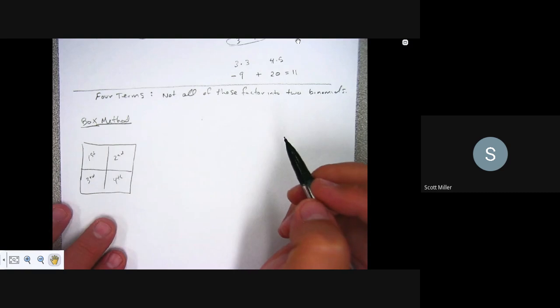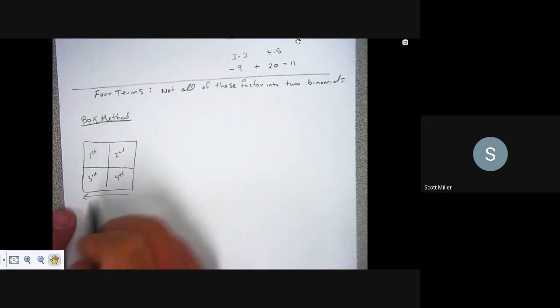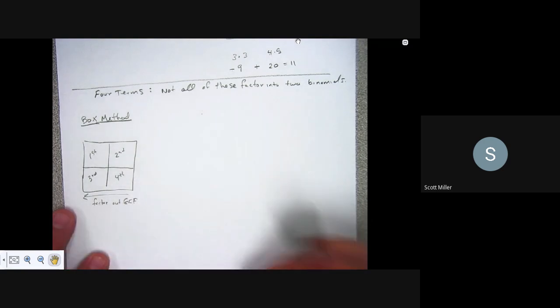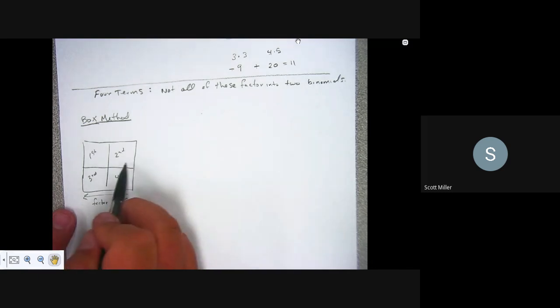And then for each row, in this direction, factor out the GCF. Don't go in the other direction, go this direction.